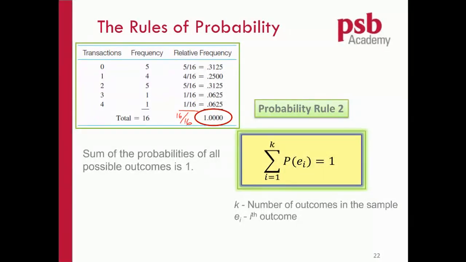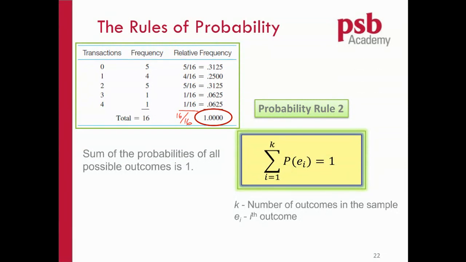Let me ask you, what's the chance of getting 1 transaction done? 1 transaction done will be 4 out of 16. It will be a 25% chance. Then I ask you one question.